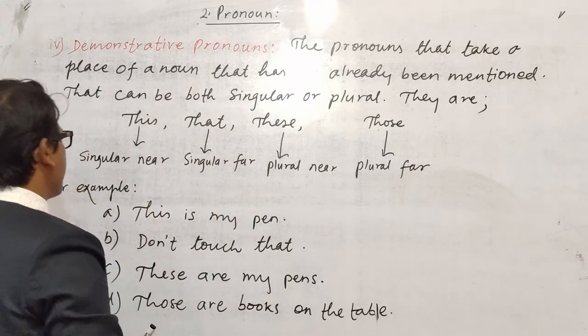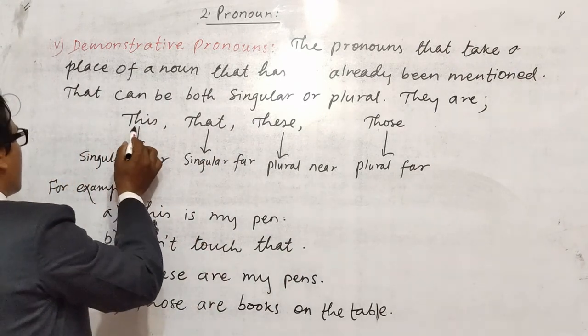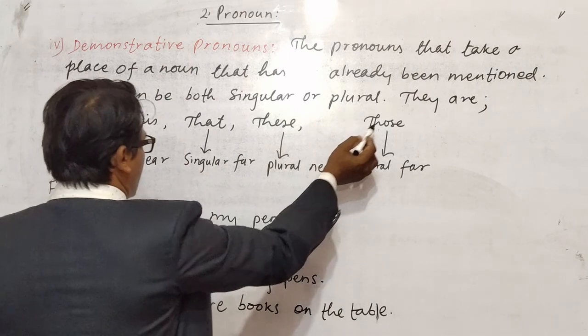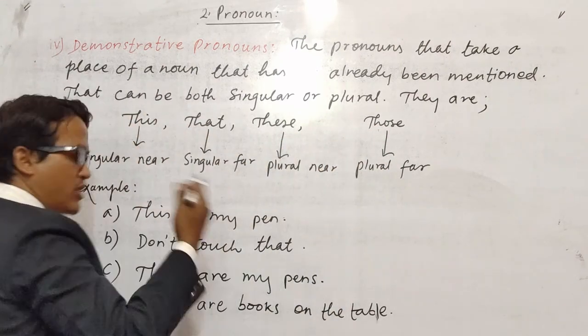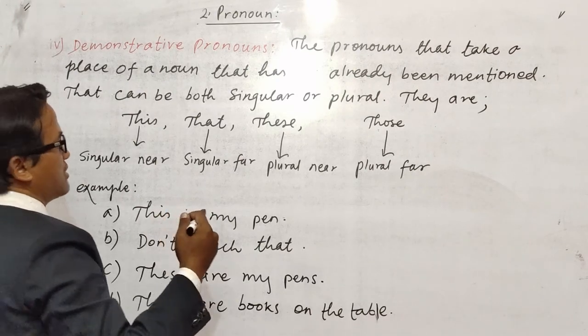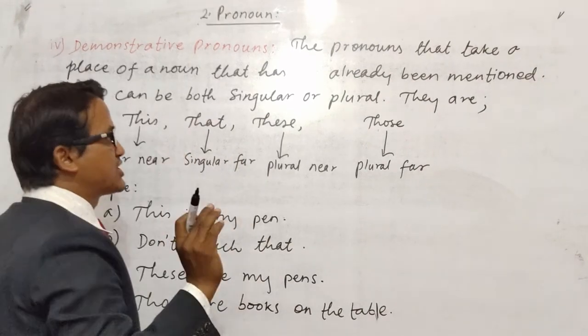So you can see here, this, that, these, those, they are demonstrative pronouns. They demonstrate, they show something, isn't it? That has already been mentioned.